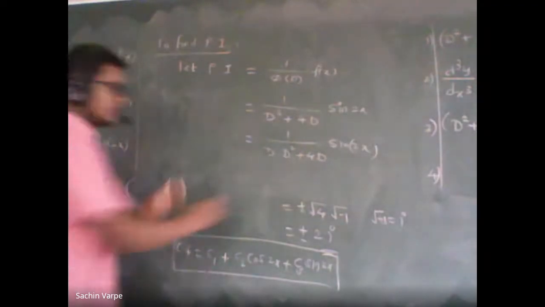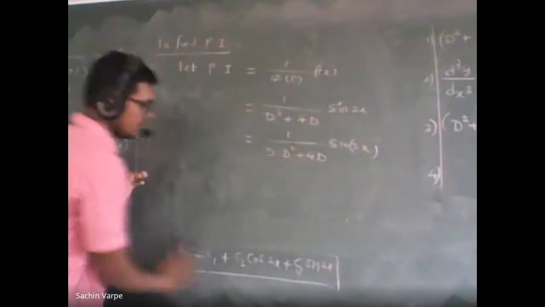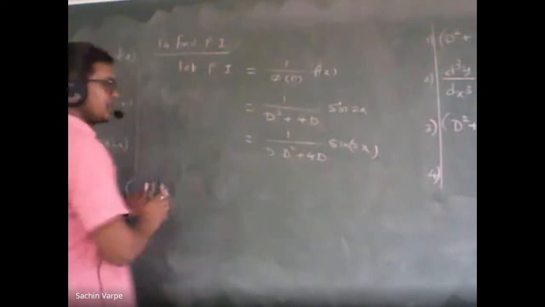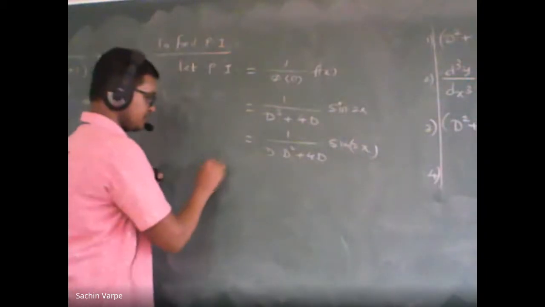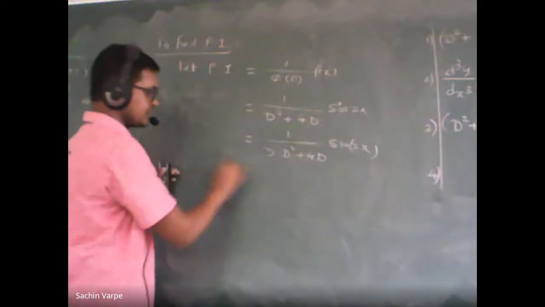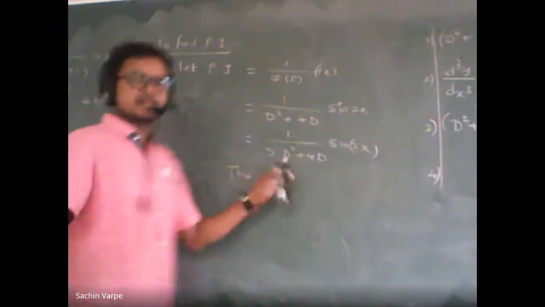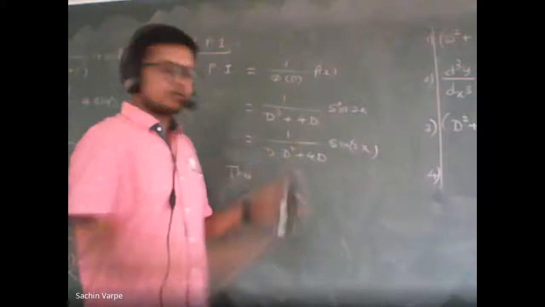And in case of failure, we know what to do. We multiply by the independent variable. Is it okay with the case of failure? Okay, I'm writing here.